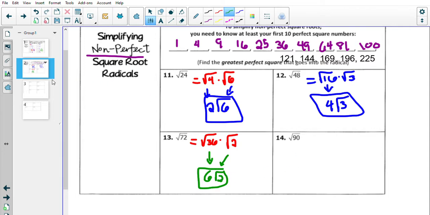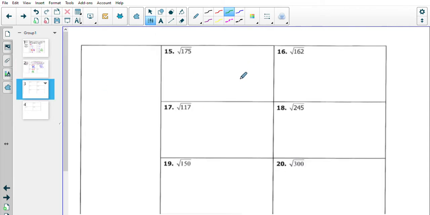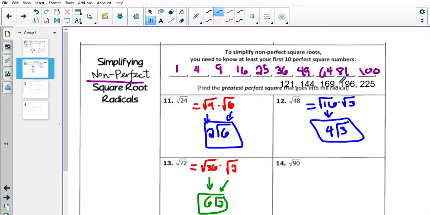All right, let's keep on going here. Okay, let's take a look at number 15. Now we're on the other page, but we're not going to do anything different. I'm starting with 175. So 175, I can start with 169. I get a decimal. 175 divided by 144, decimal. 175 divided by 121, decimal.